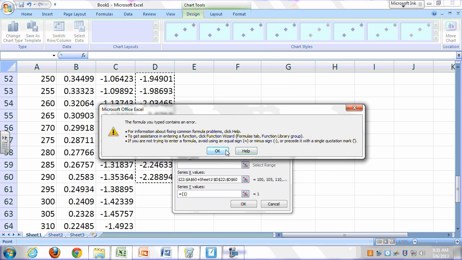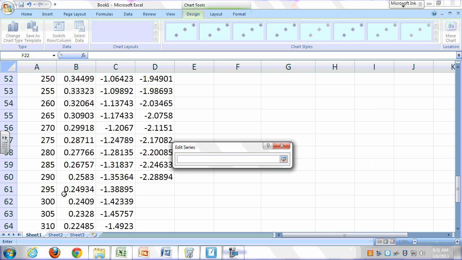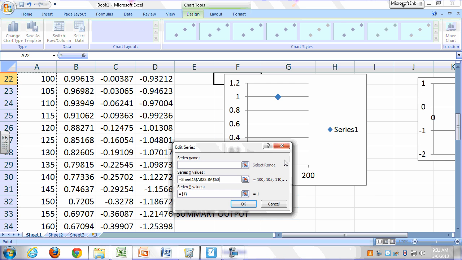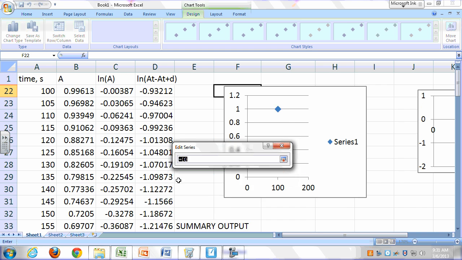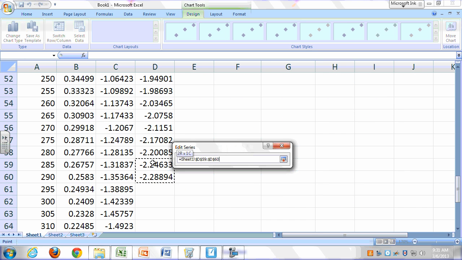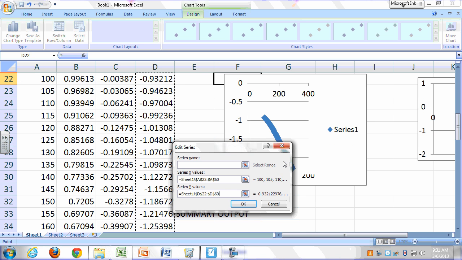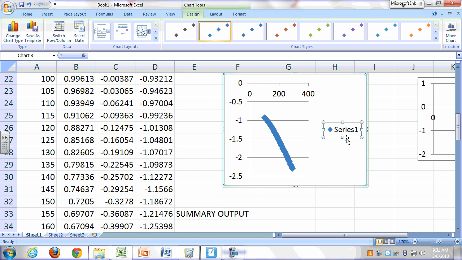Oops, error. Picked the wrong one. Okay, it should be from 100 to 290 seconds. Okay. And this is my graph.